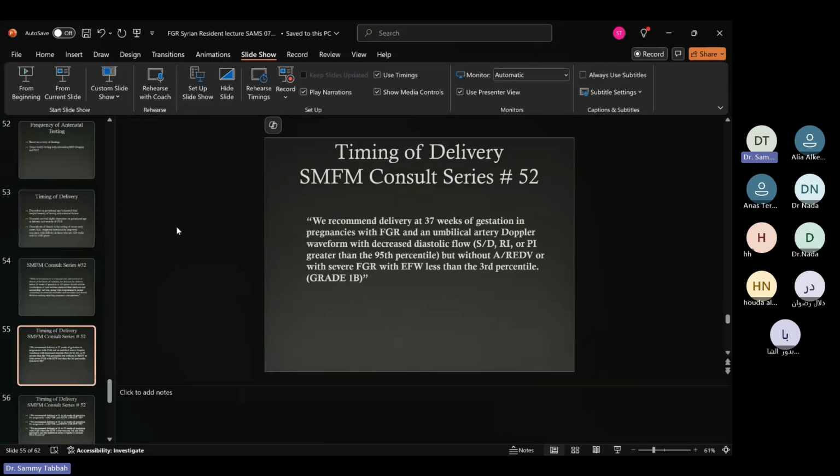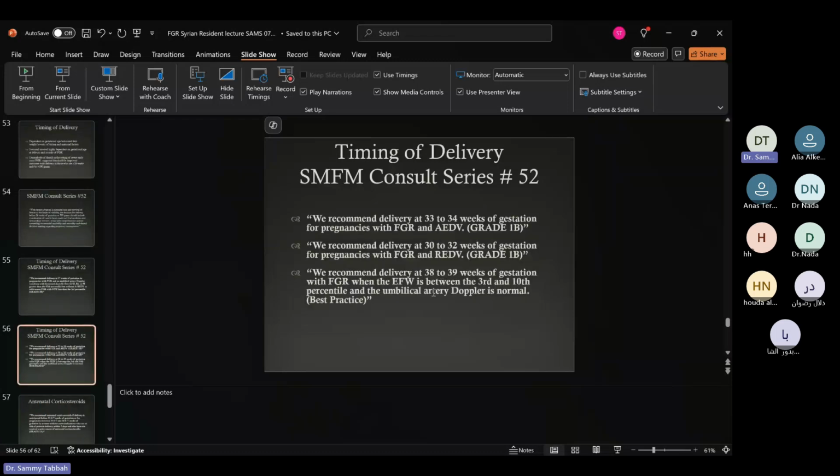Sorry, if they have abnormal Doppler studies, or if the baby is measuring less than the third percentile, then we deliver at 37 weeks. Okay.